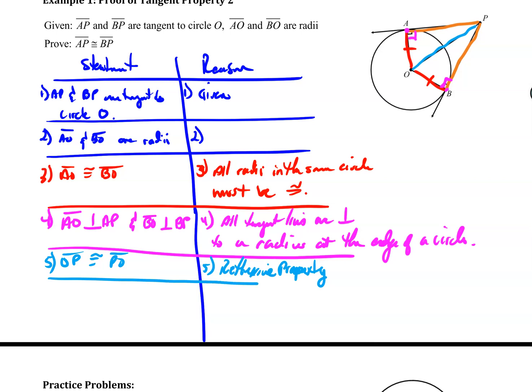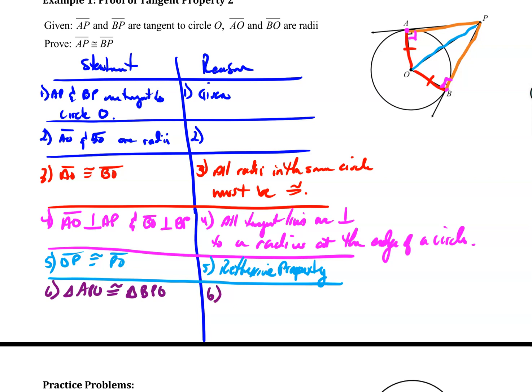Okay, that's a little better. So now I can make the conclusion that triangle APO is congruent to triangle BPO.